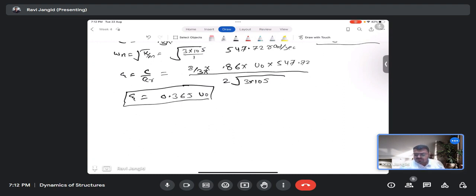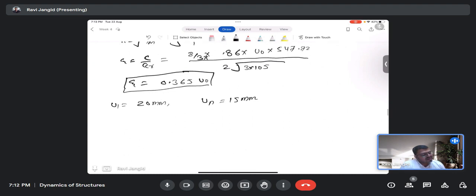So do you know the logarithmic decrement? The question is asked like this: u1 is 20 mm and un is 15 mm. So I need to find out how many cycles it will take to reach there. Okay.